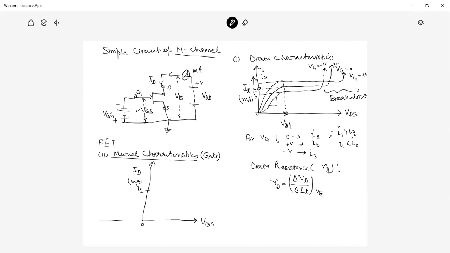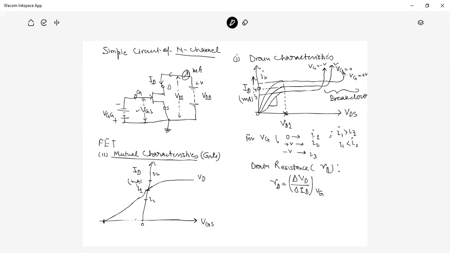the current goes from I1 to I2. Suppose this current is I2, at a particular VD. And if VG is negative, the current is I3. If we increase the negative, then this current will decrease this way.